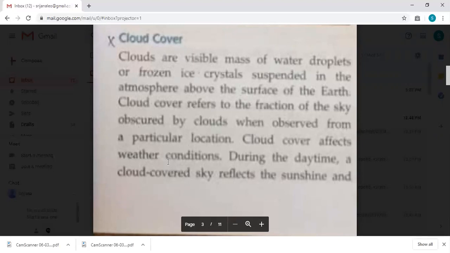All right. Now cloud is formed how? Let me just explain to you in short. When there is evaporation, the water vapor rises up. That is what I told you earlier also. It rises up and reaches a certain height. After it reaches a certain level, it starts to cool, because you know the higher the height, temperature becomes low. When the temperature becomes low, the water vapor starts to cool.